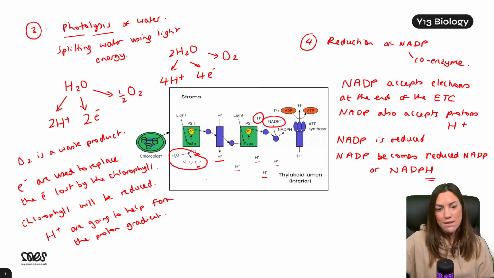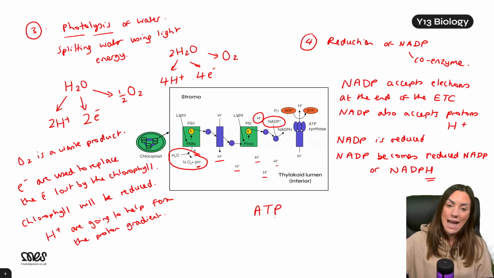Now that's the end of the light-dependent reaction, because we've now seen why light energy was necessary to excite those electrons in chlorophyll. We've also seen the production of ATP using the ATP synthase enzyme and the process of chemiosmosis to drive the production of ATP. We've also seen the production of NADPH, or reduced NADP.